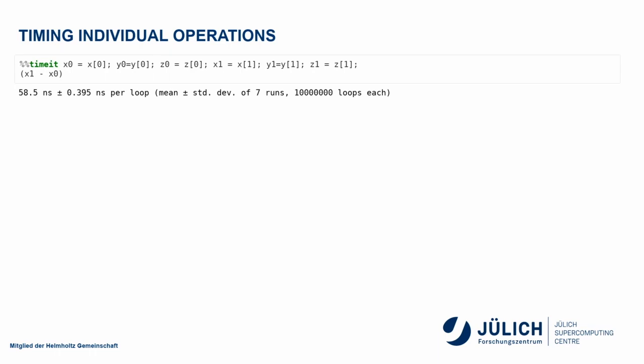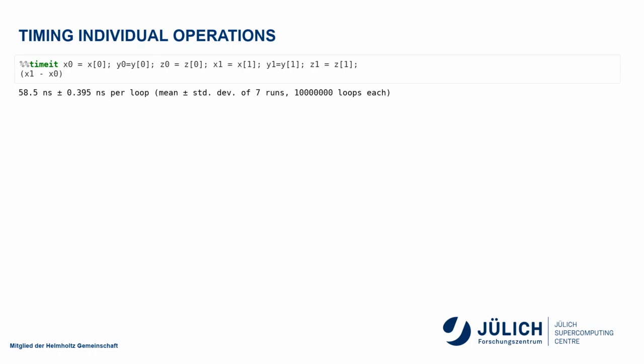Here I'm using the cell magic of TimeIt, so with the 2% signs. For those of you who don't remember, if I have 1% sign in front of a magic, it acts only on that line. If I have 2% signs, it acts on the entire cell. So TimeIt exists in both versions. In this version, the first line is actually ignored in the timing. So you can use it for initialization.